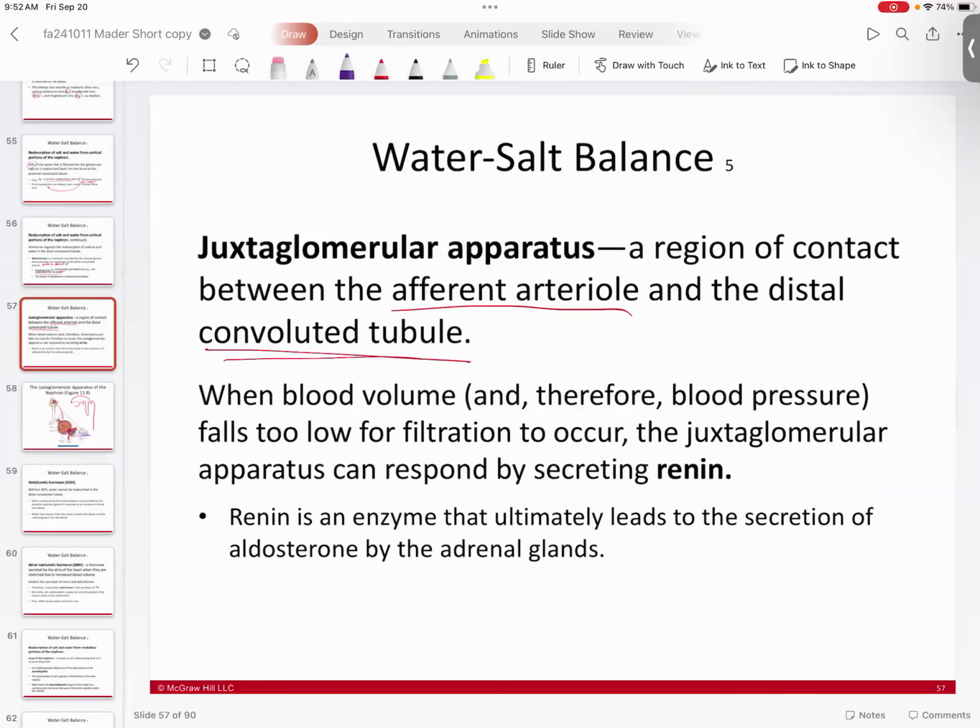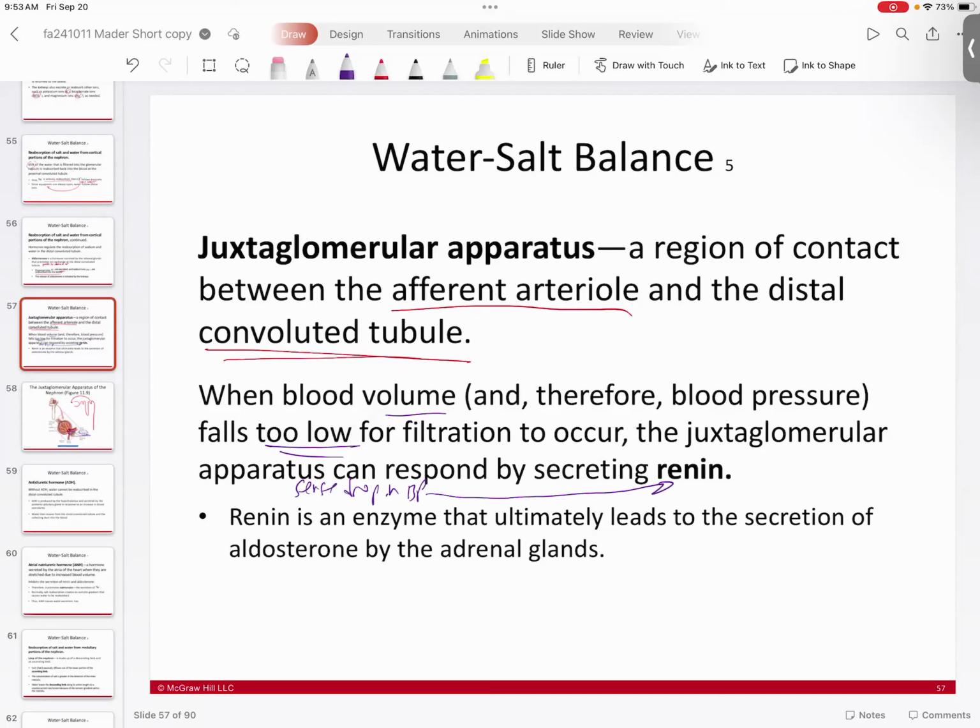Okay, so basically, when the blood volume is too low for filtration, the juxtaglomerular apparatus, actually the JG cells, will sense that. And then the response is to secrete renin.